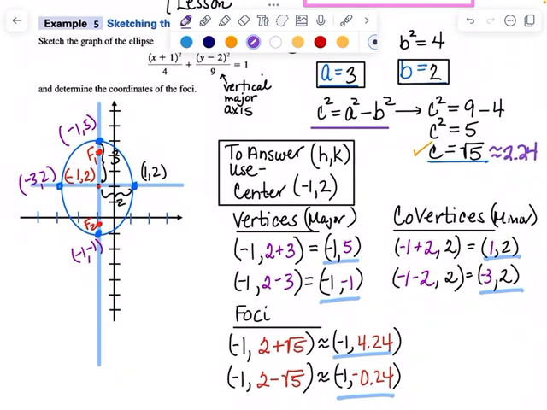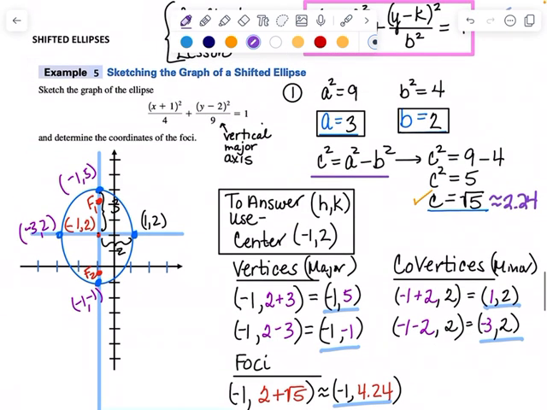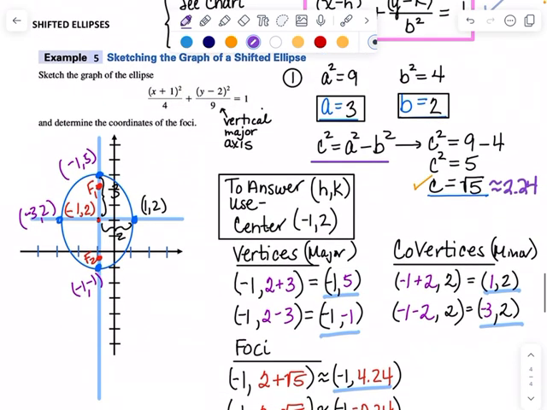So we get the center on, we have the vertices, and the covertices are formed by using the values 3, going from the center, -1, 2. I go 3 up to -1, 5, 3 down from -1, 2, and I have these two vertices, okay? Then I get the co-vertices here.